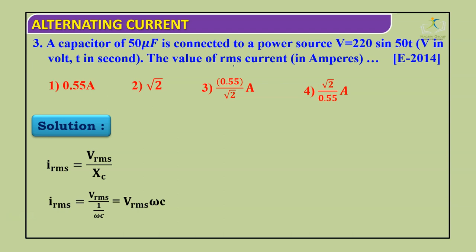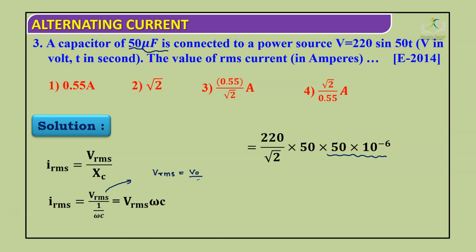Irms is equal to Vrms by 1 by omega C, or we can write it as Vrms omega C. We put all these values: Vrms, the value given over there, is 220 by root 2, omega is given as 50, and the value of C, as you can see, is 50 microfarad. So I'll put 50 times 10 to the power minus 6. Again, for more elaboration, Vrms is equal to V naught by root 2.